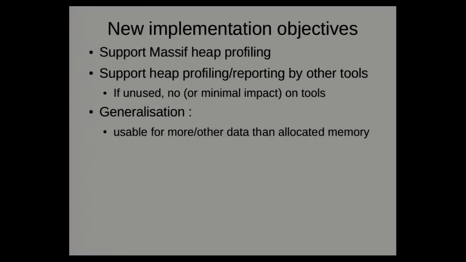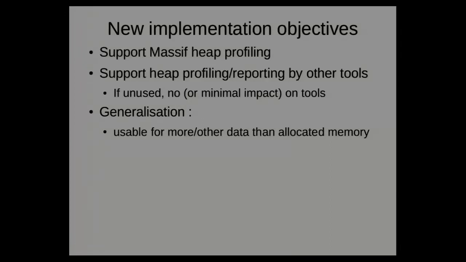But also totally other types of data, like for example the leaks. We can use the same data structure to represent leak information or system call information, like we have seen in the experimental syscall tool this morning. So an objective was to generalize the data structure so that it could record something other than a size.